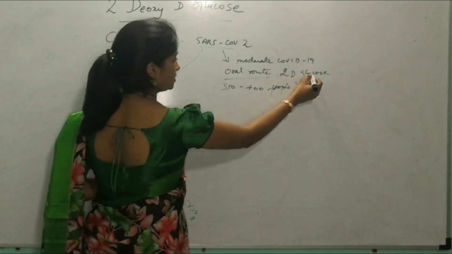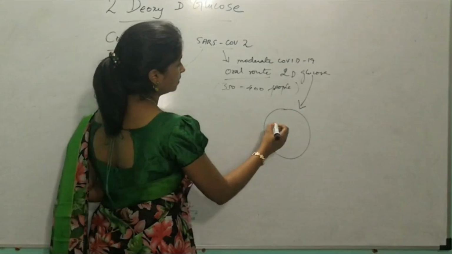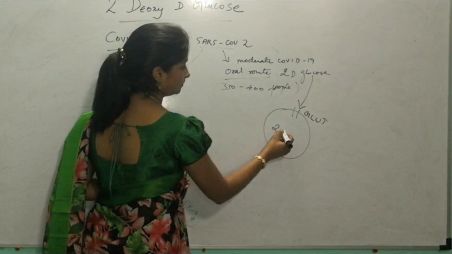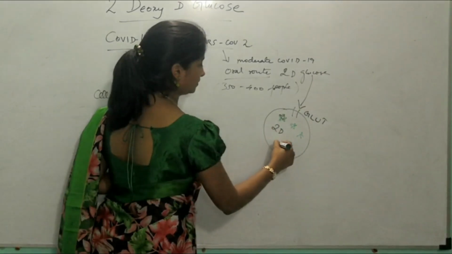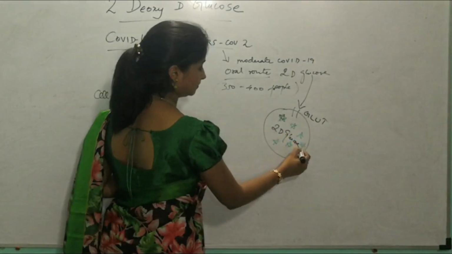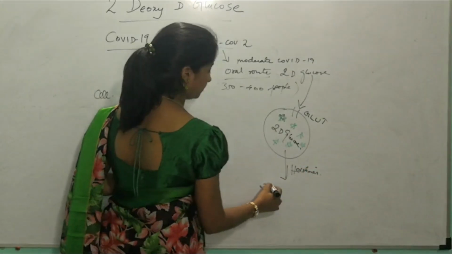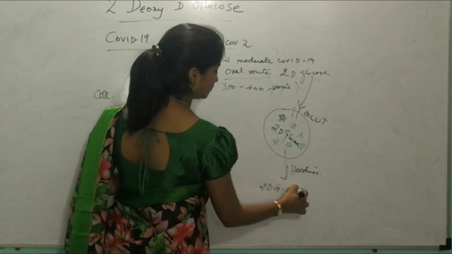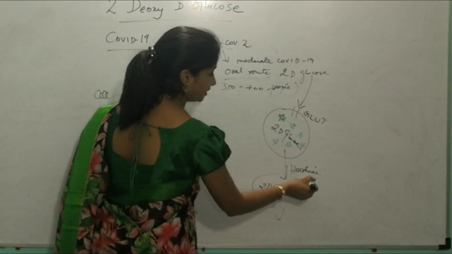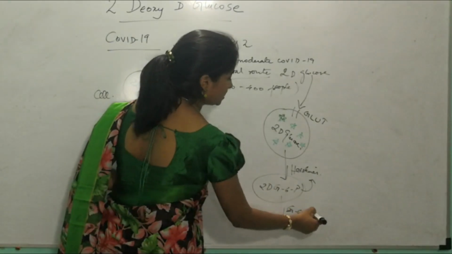So this 2-DG will enter the infected cell through the glucose transporter. In this infected cell, the 2-DG enters and will be converted into 2-DG 6-phosphate by hexokinase. And this product is going to inhibit the hexokinase, as well as the glucose 6-phosphate isomerase.